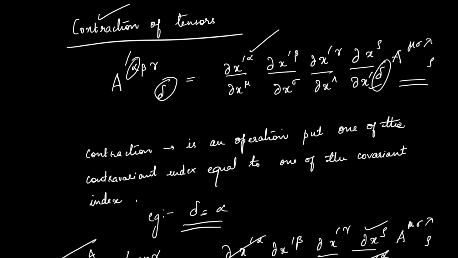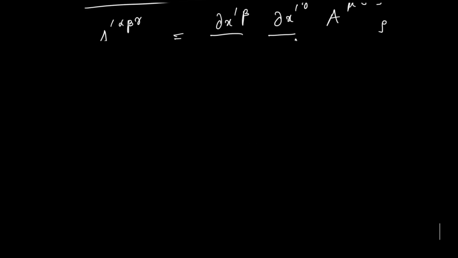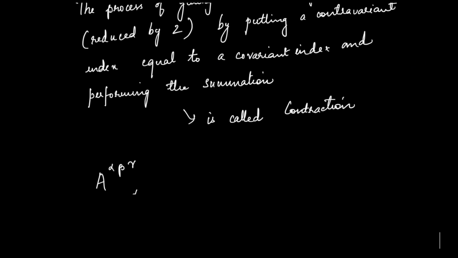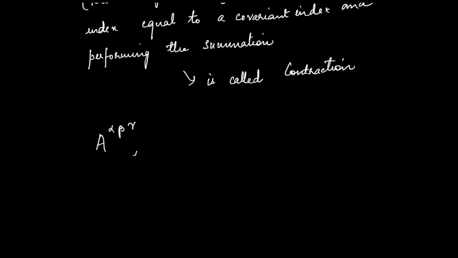If I put beta equal to delta, then I will get A alpha, beta, gamma, beta, right?